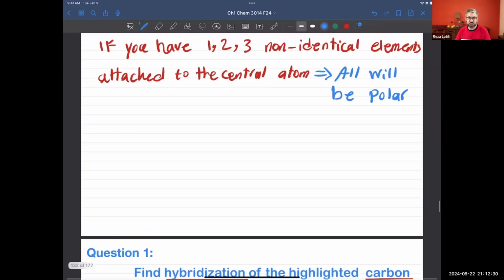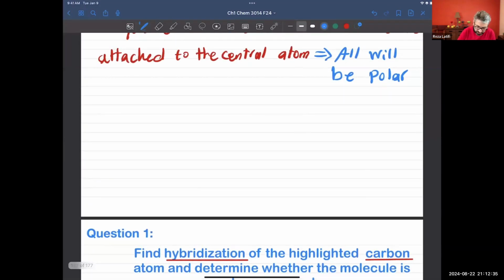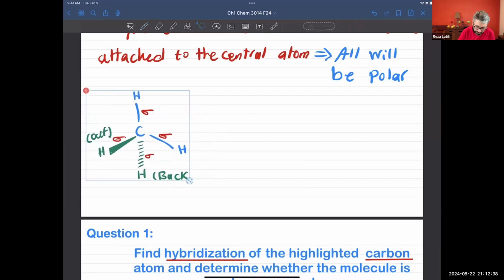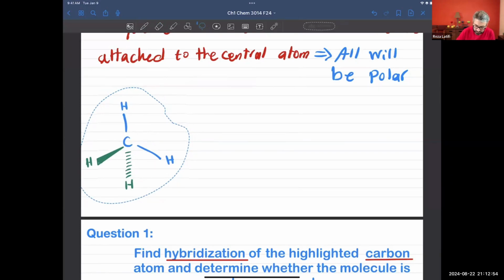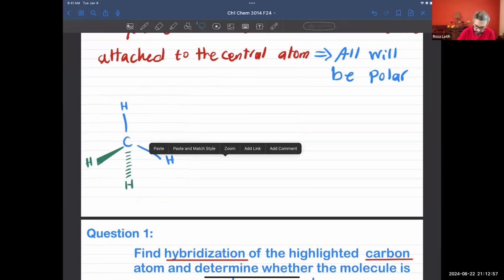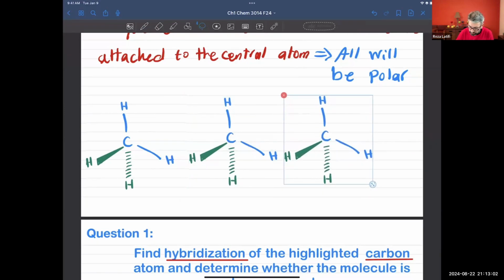Okay, let's write what I'm talking about. So let's say we have this. Again, let's clean this one. I'm going to copy paste this one 4 times. Okay, I need to shrink them.